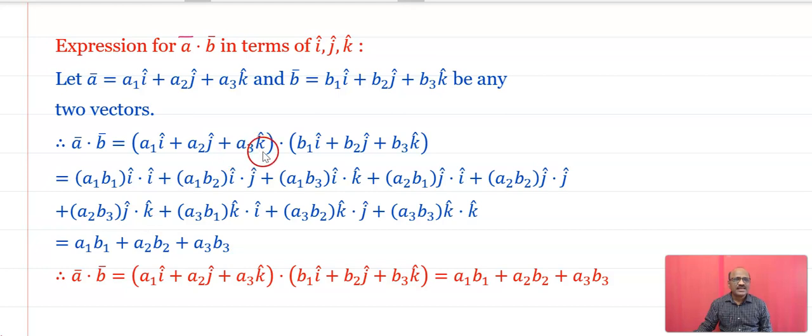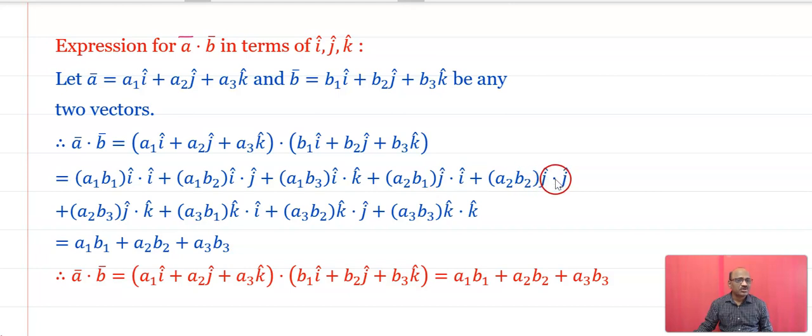Again a3 k cap will multiply all the terms in this bracket. Then you will get a3 b1 k cap dot i cap plus a3 b2 k cap dot j cap plus a3 b3 k cap dot k cap. Now here i cap dot i cap is 1. But i cap dot j cap will become 0. i cap dot k cap, again it will be 0. j cap dot i cap will be 0.